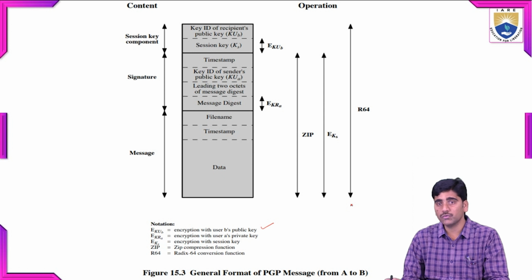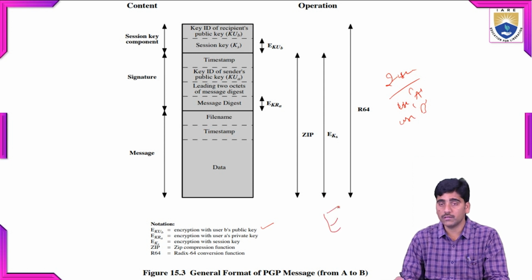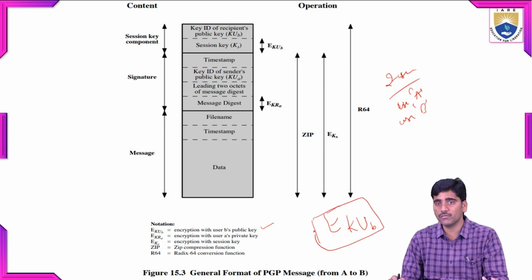There are two users actually, user A and user B. Here, E with user B's public key is indicated by EKUB, the ID of encryption with user B's public key.